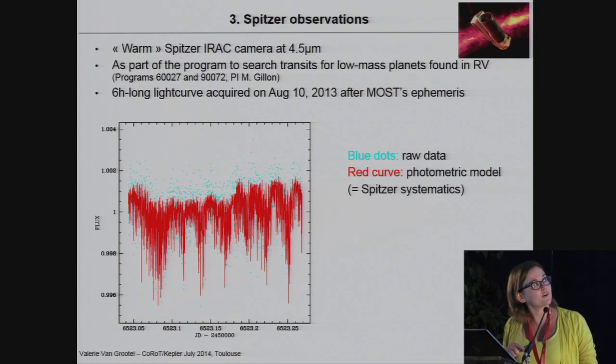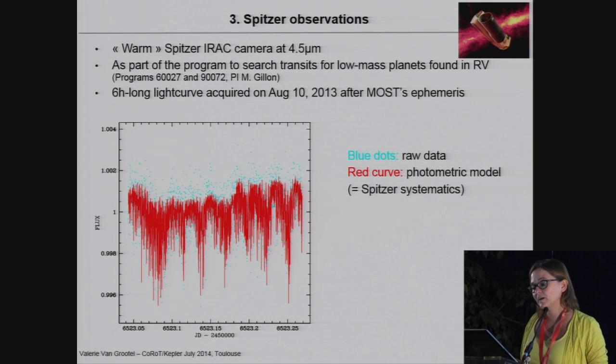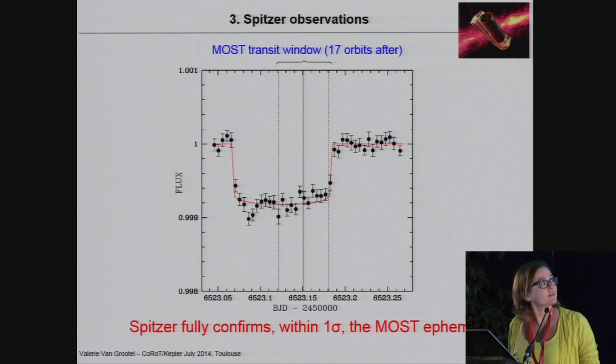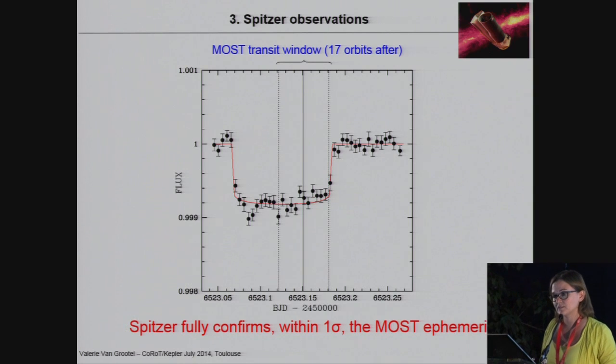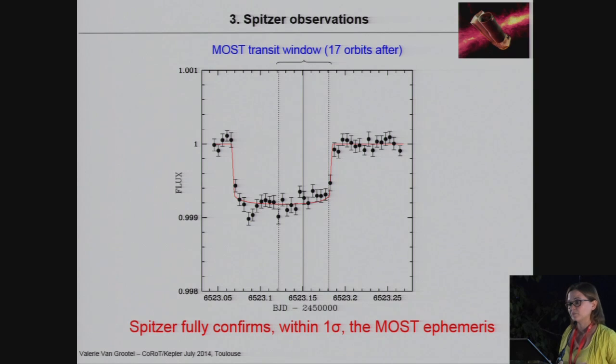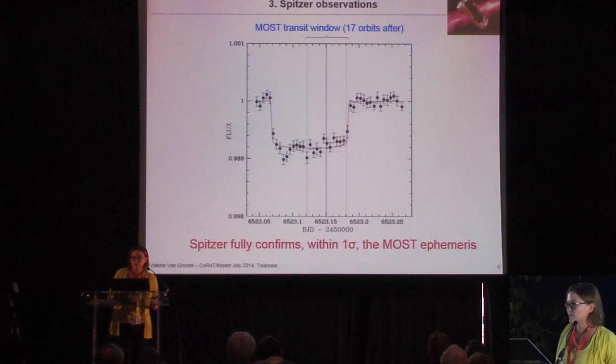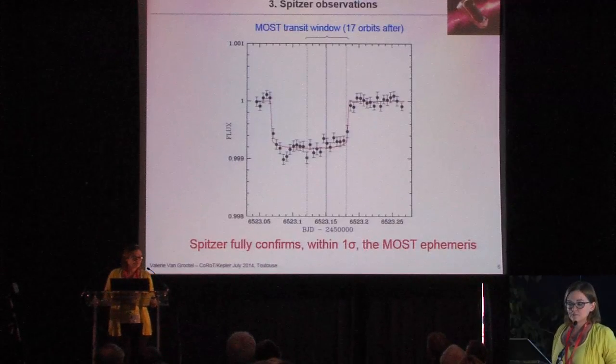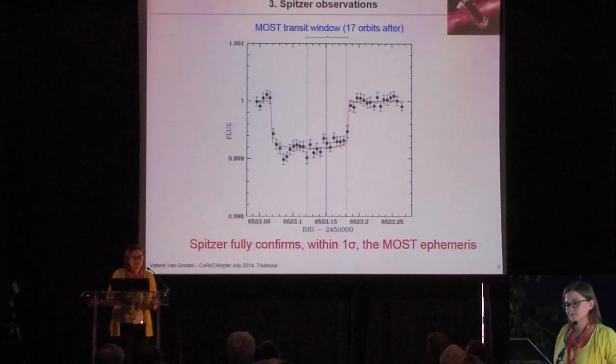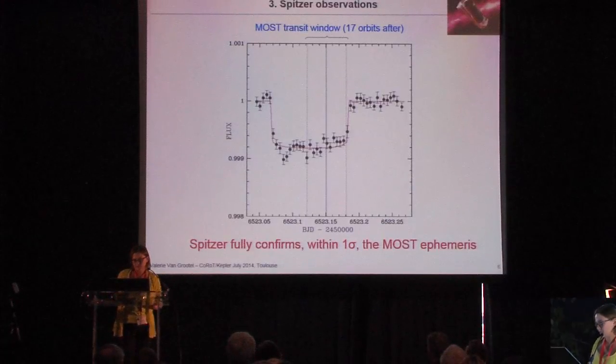So we can have a quite accurate photometric model, and by subtracting this systematics from the raw data, we can really see a very beautiful transit exactly where it should be, exactly 17 orbits after the last MOST transit. So Spitzer fully confirms the MOST ephemeris and the existence of this exoplanet.